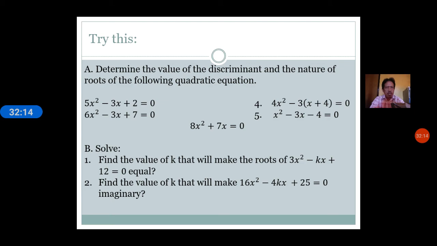For letter B, you have to find the value of k that will make the roots of 3x squared minus kx plus 12 is equal to 0 equal. And number 2, you have to find the value of k that will make 16x squared minus 4kx plus 25 is equal to 0 have imaginary roots.